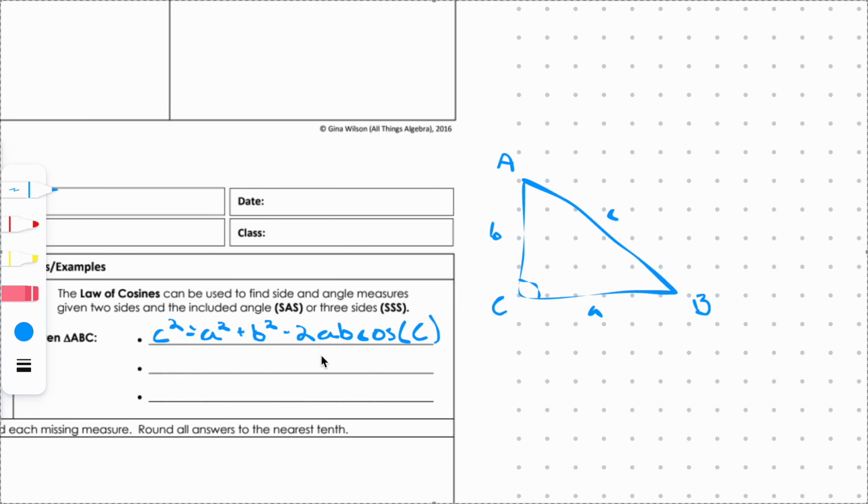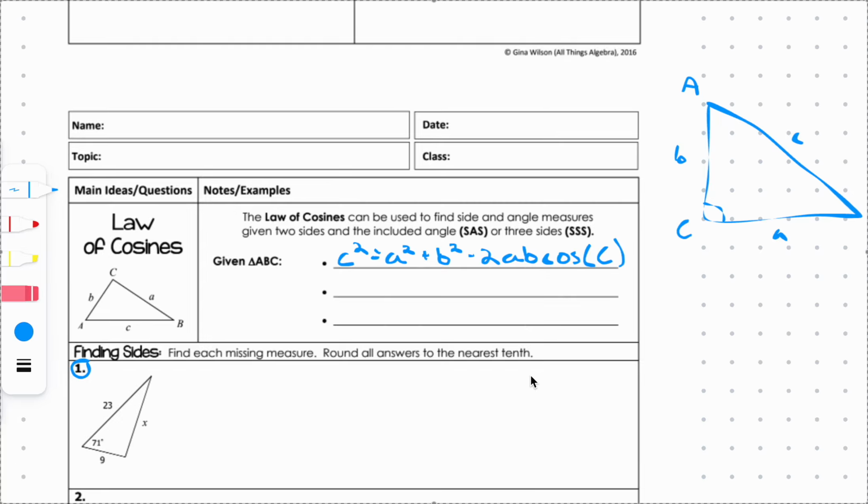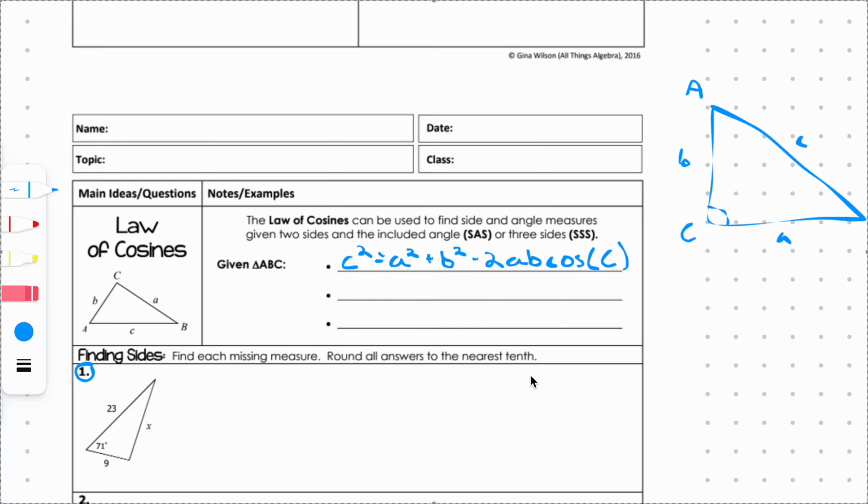And when we multiply all this, that essentially negates this entire term. And so we're just left with c squared equals a squared plus b squared, which is the Pythagorean formula. So essentially, the Pythagorean formula is a law of cosines equation, except specific to one case where angle C is a right angle. Okay? So that's pretty neat.